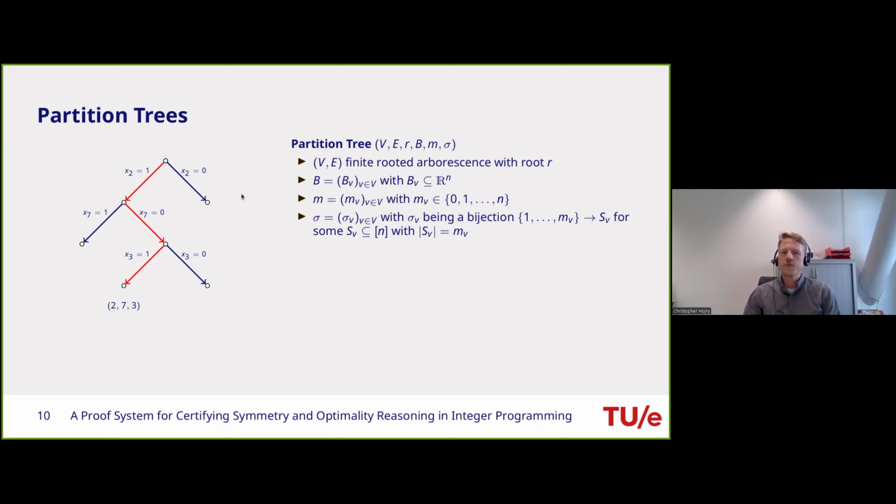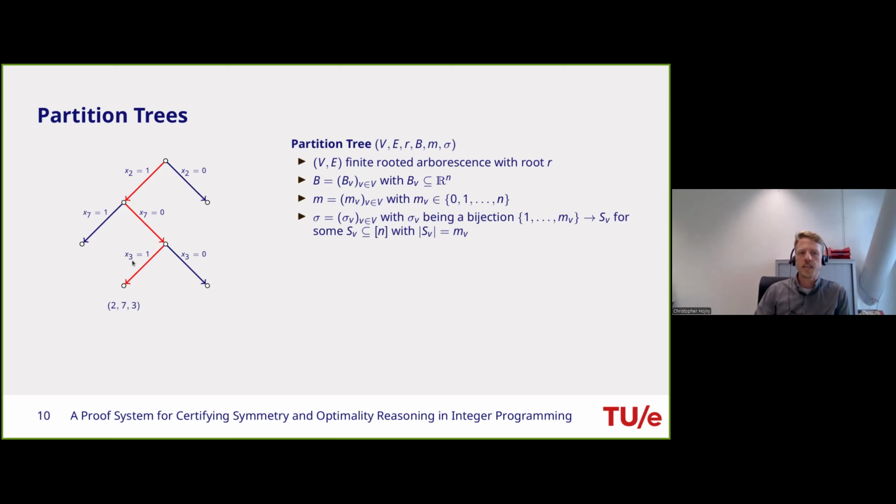Then we have a collection of sets B, which assign every node of this arborescence a subset of Rn. You can think about this B_v, if you want to relate it to the branch and bound algorithm, as the feasible region induced by the branching decisions that I've made to reach this node of the tree.